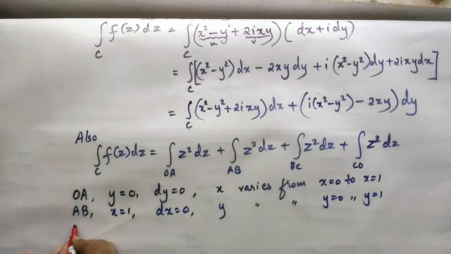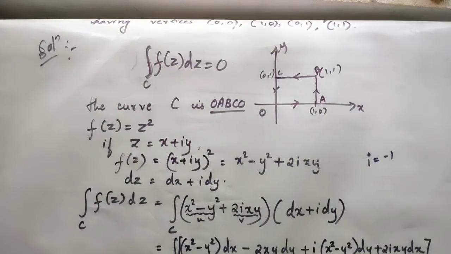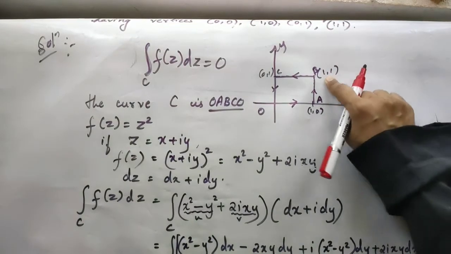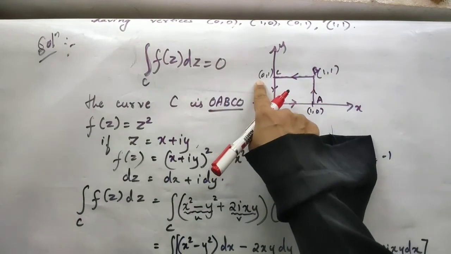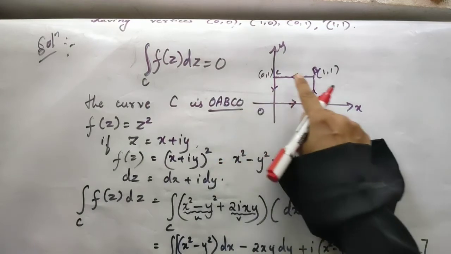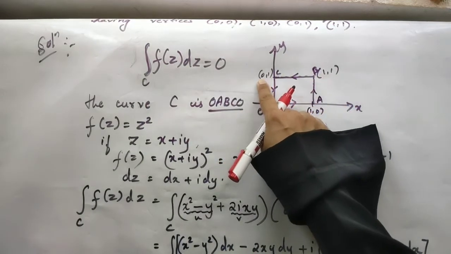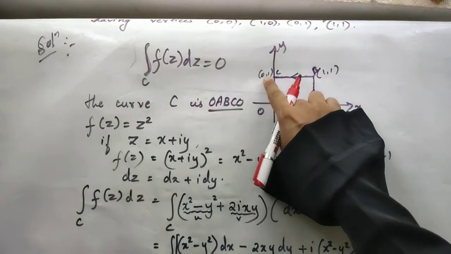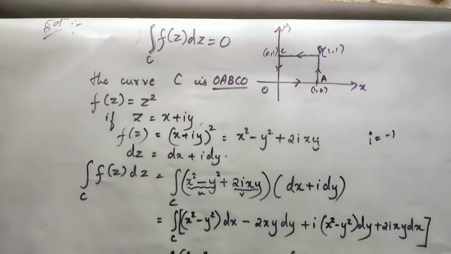Similarly, along BC, look at that, what is happening? x is 1 at B, but x is 0 at C. So x is varying from 1 to 0. And what is happening with y? y is 1 at B as well as at C. So there is no variation for y along BC.